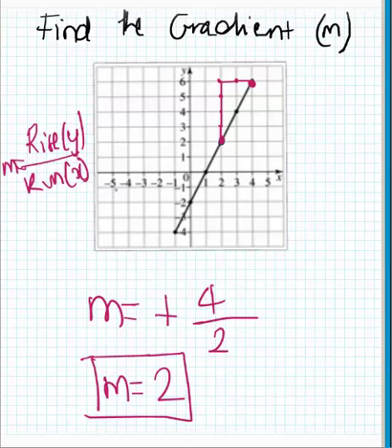Done. Now, I want to use this same line, but imagine we pick 2 other points. Let's prove that if we pick different points, we actually get the same gradient. Let's pick this point all the way down here. There it is. It's clear to us. And let's pick this point up here. That's clear to us as well.